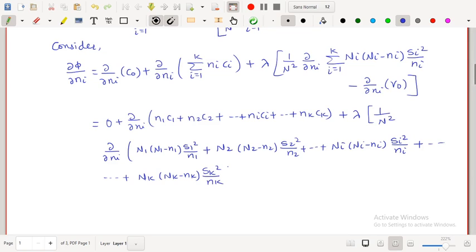This bracket closes here, and dou by dou Ni of this v0 will be 0.